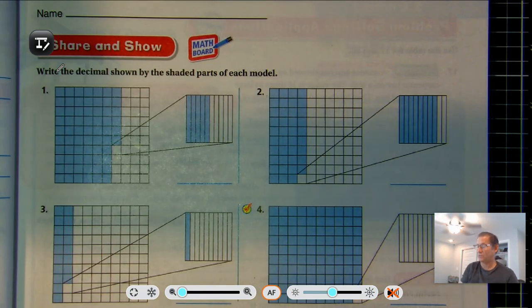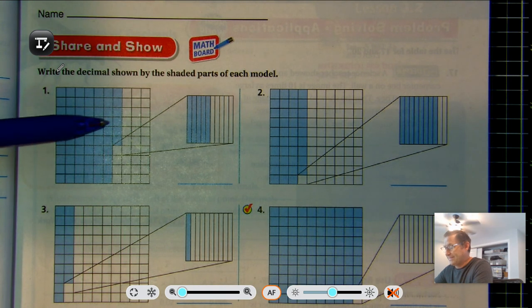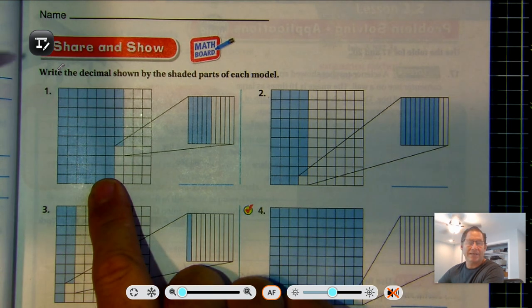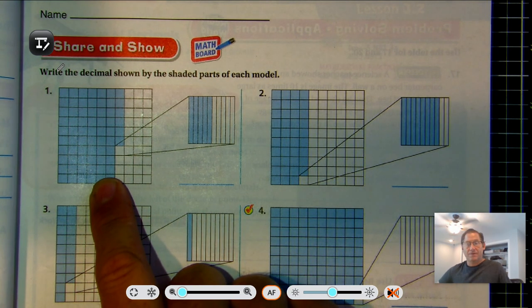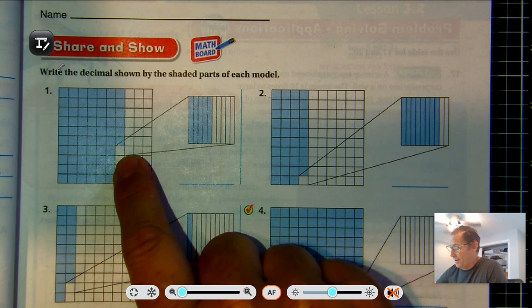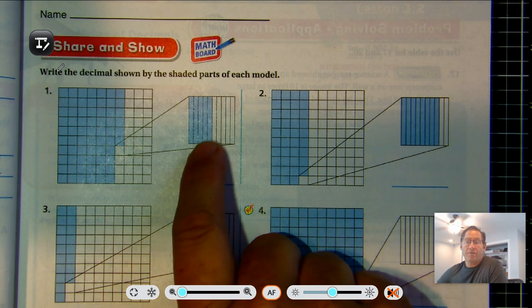All right, so write the decimal shown by the shaded parts of each model. Okay, so we have 10, 20, 30, 40, 50, 60 complete out of 100, right? And then they're saying this last square is broken into 10 pieces. So that's thousandths, right? And there are 5 out of those 10 parts shaded.